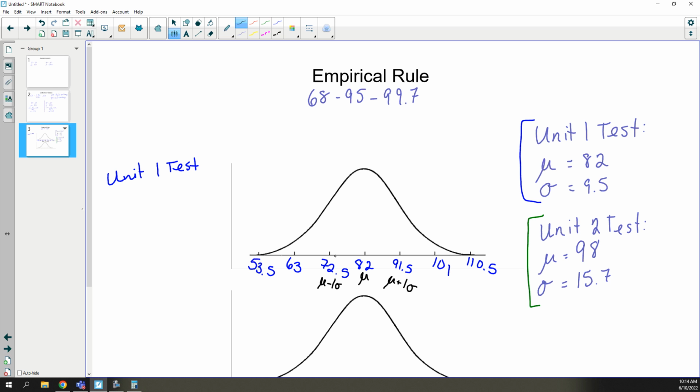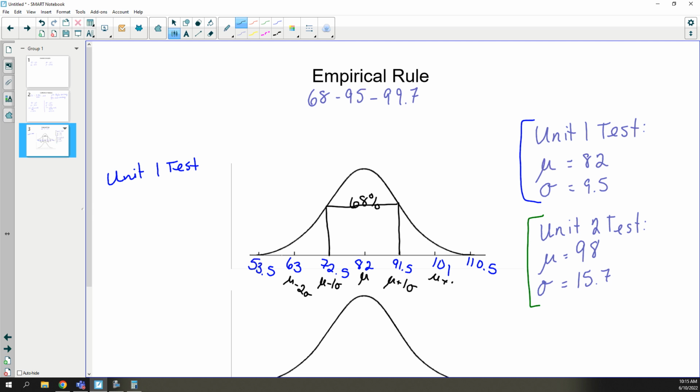What this is representing is that from this line to this line, from -1 to +1 standard deviation, drawing those lines on our normal curve, this area, you can imagine these lines go up further, but this is 68%. So in other words, 68% of the class scored between a 72.5 and a 91.5 on the Unit 1 test. Similarly, from -2 to +2 standard deviations, we would say 95% of the class met that mark.